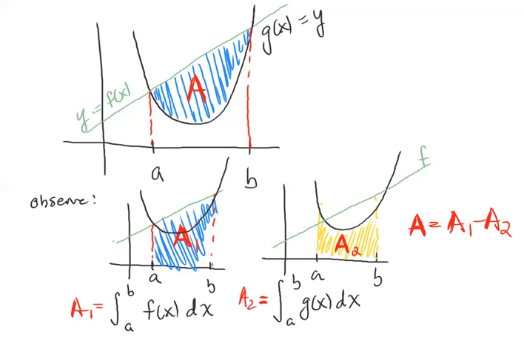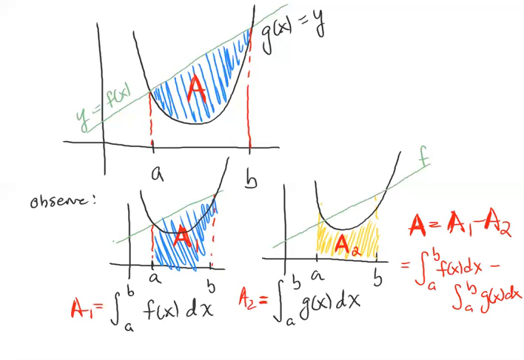What if I subtract that right-hand integral from the left-hand integral? So I might say that, on the right-hand side, this is equal to the integral from a to b of f of x dx minus the integral from a to b of g of x dx, which I could combine.